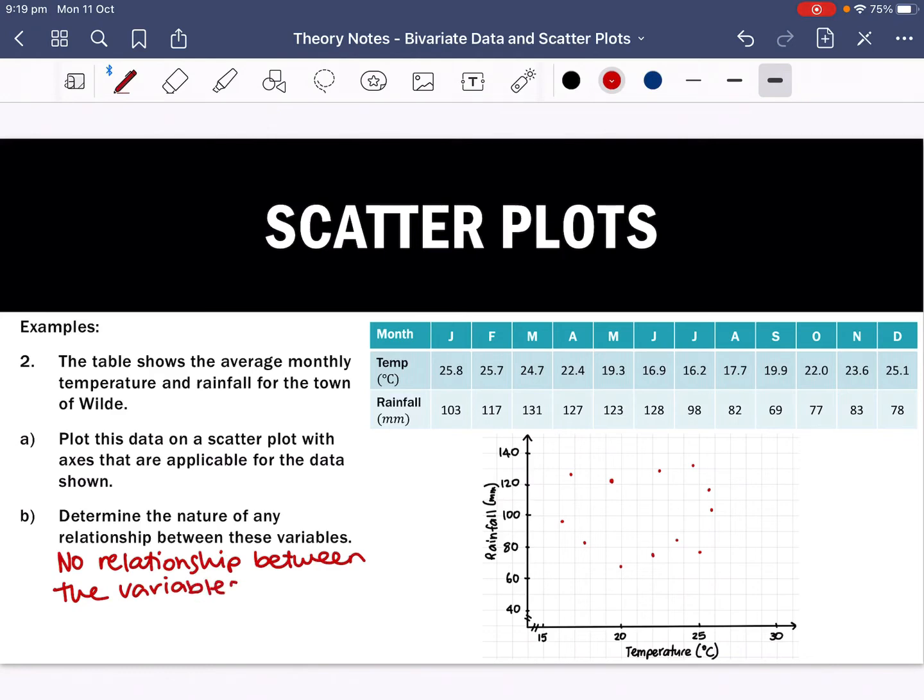As there's no linear relationship, we can't draw a straight line of temp and rainfall in Wild.